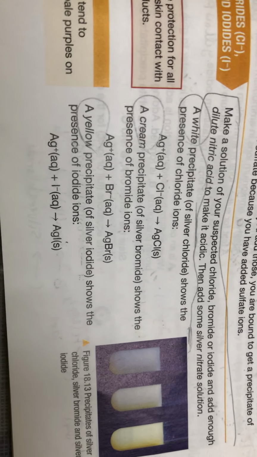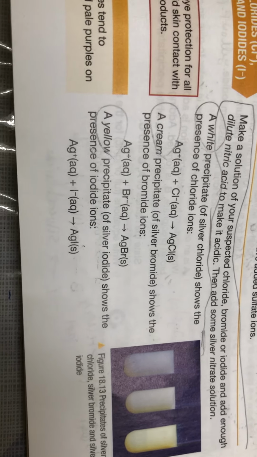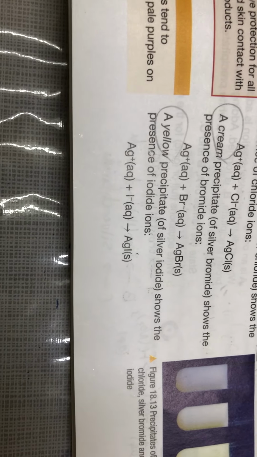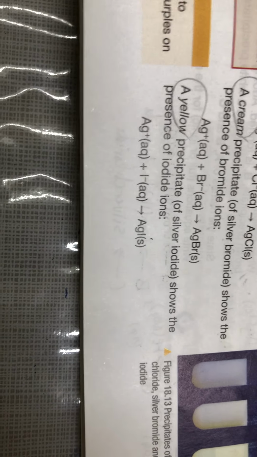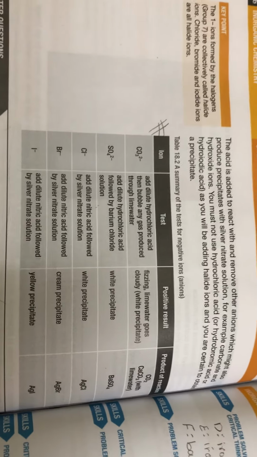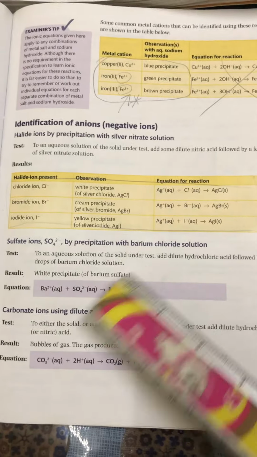The cream precipitate indicates the presence of bromide due to formation of silver bromide. And the yellow precipitate indicates that we have iodide due to formation of silver iodide. You can find this summary in table 18.2, a very important table and important equations. And here in the guidebook, page 55, you can find the summary.